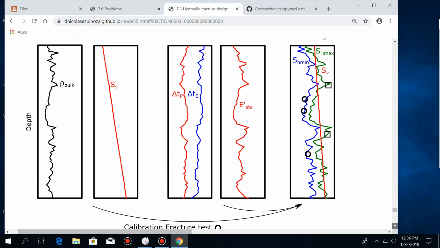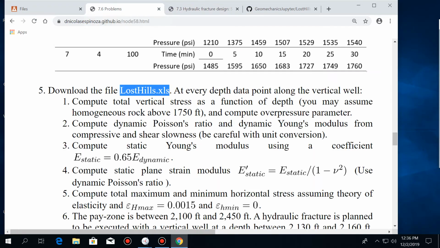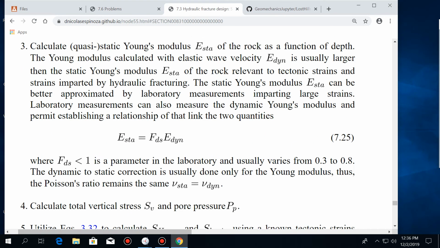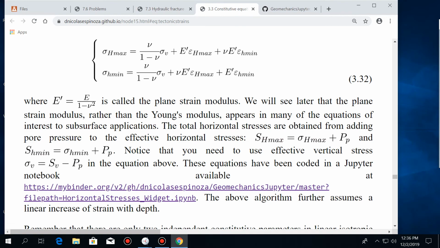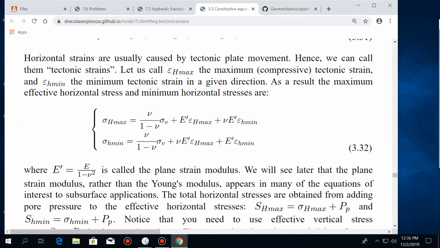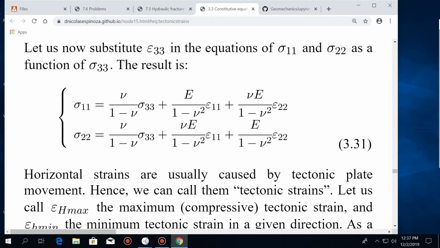And let me find that equation. I think I have a link over here, 332. These are these long equations that now we can see that they tell you what is going to be.